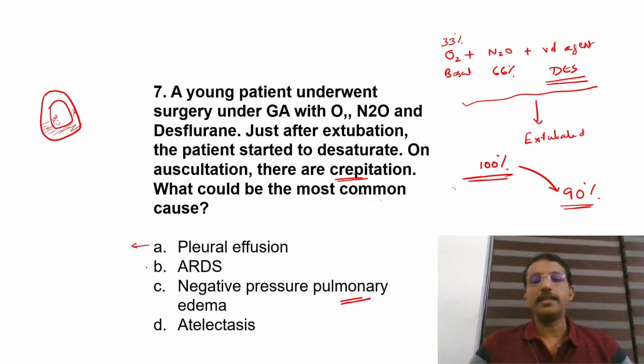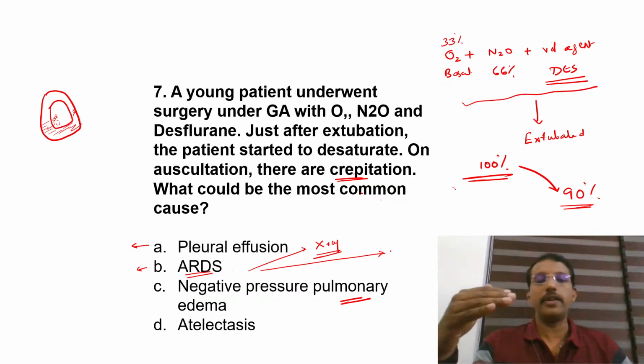Second is ARDS. To make a diagnosis of ARDS, you need quite a number of things. You need an X-ray, and the X-ray should show an infiltrate. You should also have some time lapsed after an event, such as an infection. It takes some time for ARDS to develop, so the time factor is also not supportive.